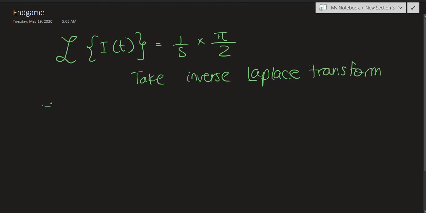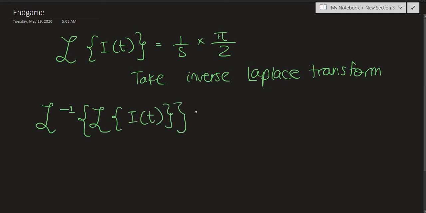So that's going to look like the inverse Laplace transform of the Laplace transform of I of t is now going to be the inverse Laplace transform of 1 over s times pi over 2.